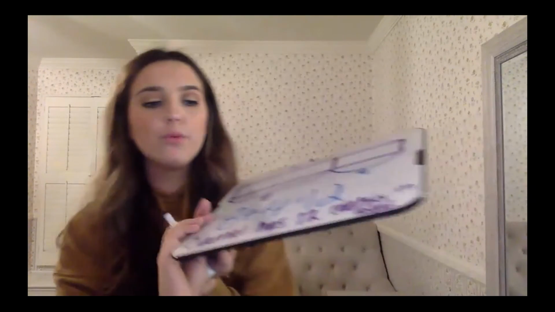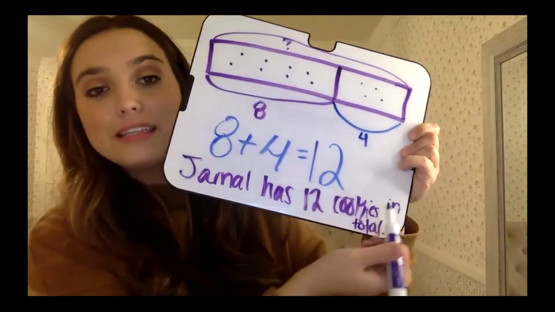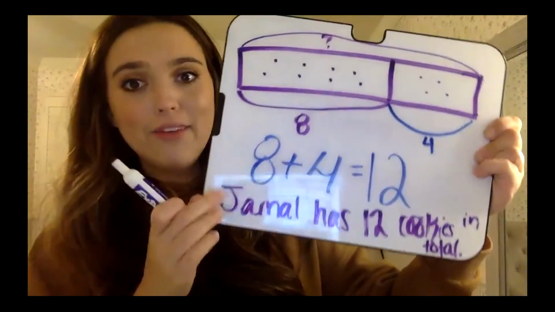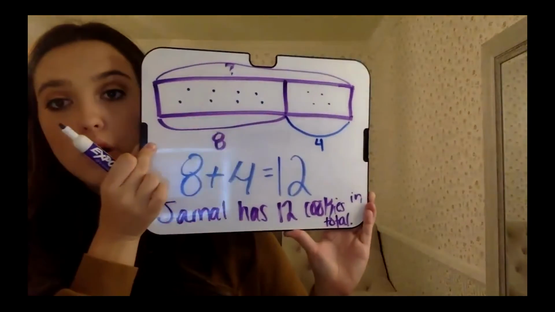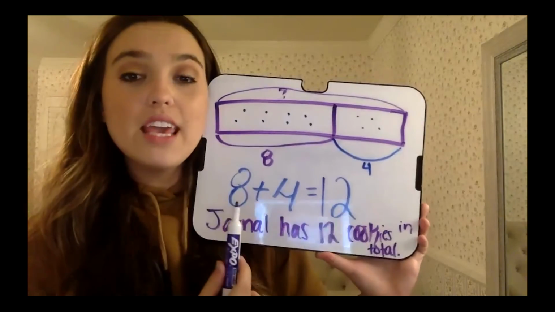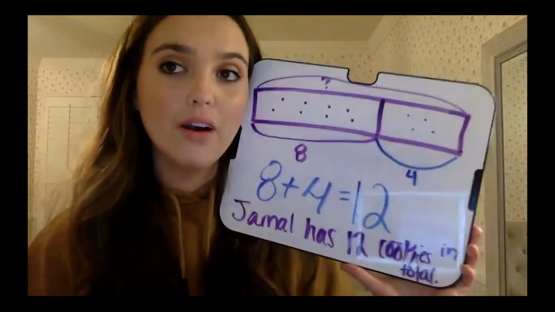I'm running out of room in total. Sorry, I'm kind of running out of room on here, but it says Jamal has 12 cookies in total. Sorry, I wish that could be a straight line right there, but we gave our answer in word form. So we did our drawing, we completed our number sentence, and we gave an answer in word form.